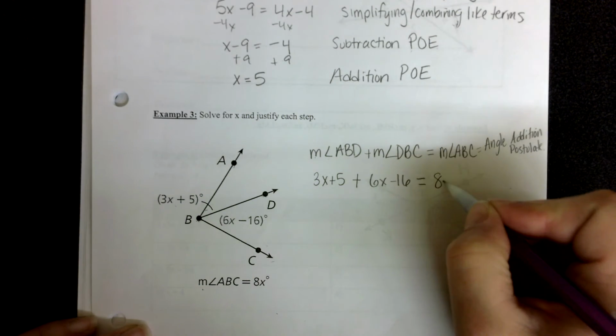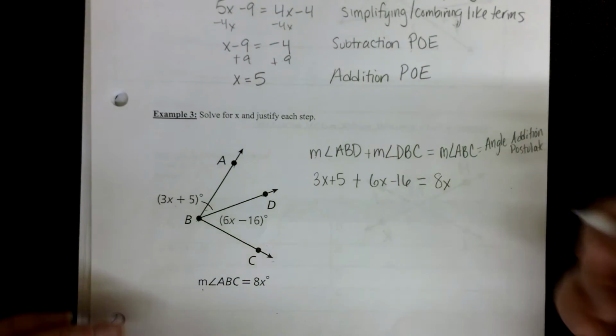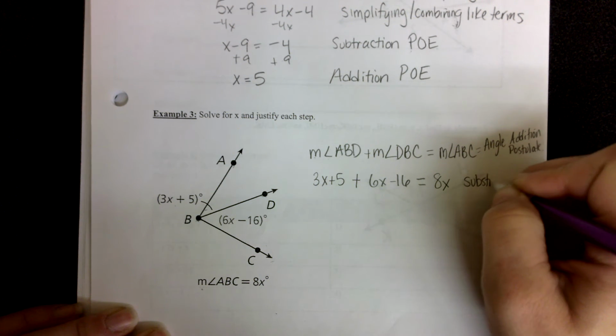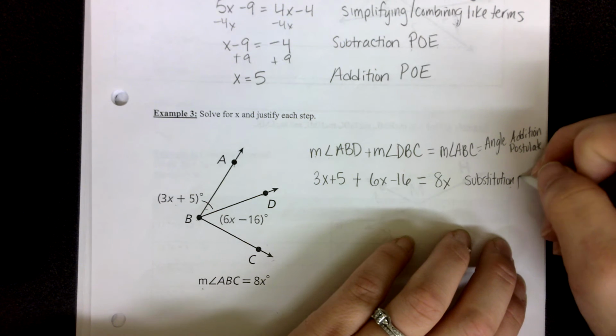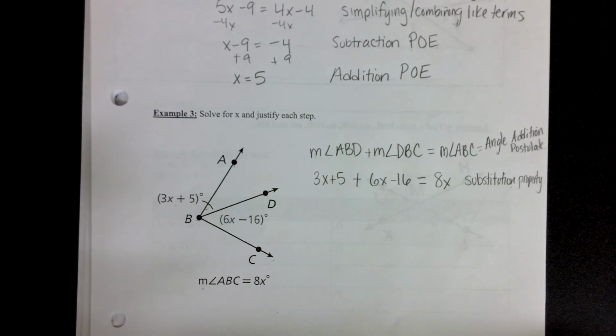So we're going to put x here. And so we substituted in the values, so that's the substitution property. It's just substitution property. You don't need property of equality or anything.